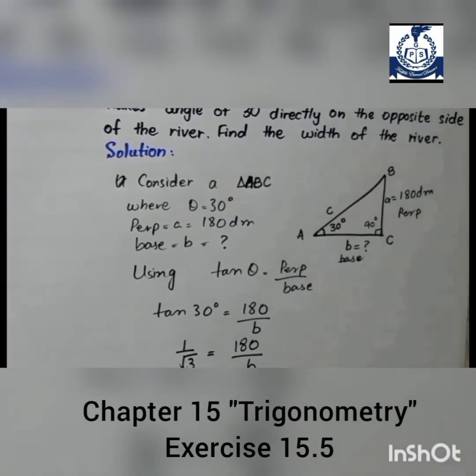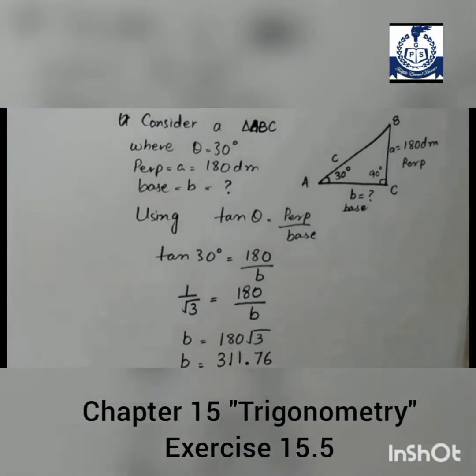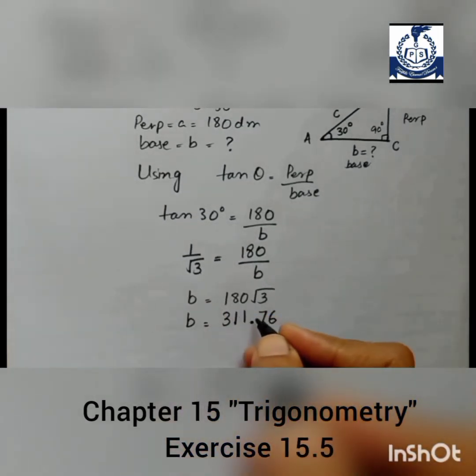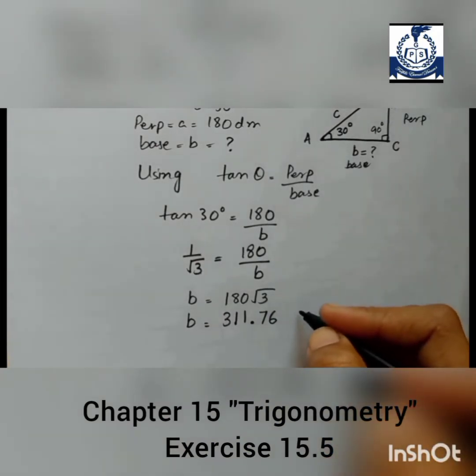Equal sign is there, so we will solve b oppositely. b multiplied by 1, and under root 3 multiplied by 180. So I write here b multiplied by 1 equal to under root 3 multiplied by 180. So b is equal to 311.76, and this is the answer.